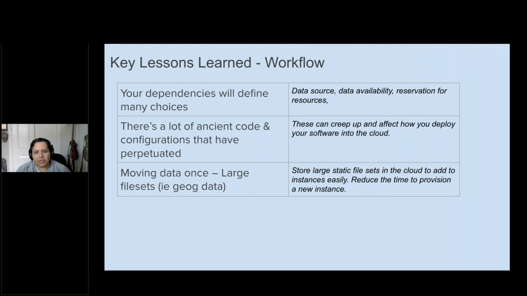So we had to play with a lot of different versions of compilers and libraries to make everything work correctly. But I think the other thing too, right, is the time to move the data. When we're pulling data directly into the instance from NCEP, it really reduces the amount of time it takes for us to provision a system.